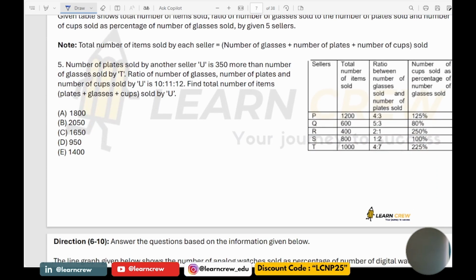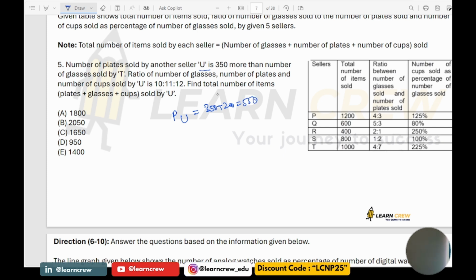Now question number 5. The number of plates sold by another seller U is 350 more than the number of glasses sold by T. So the number of plates sold by U would be 350 plus 200, which is 550.